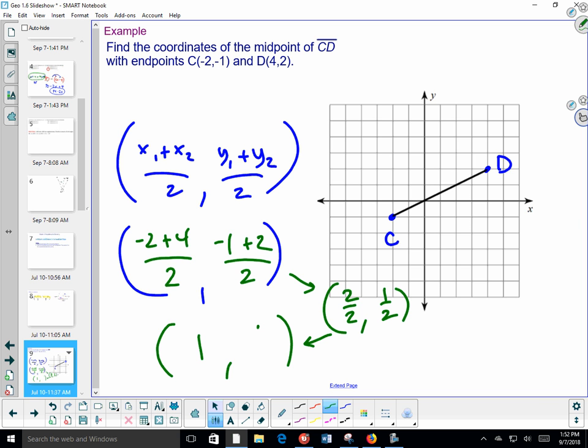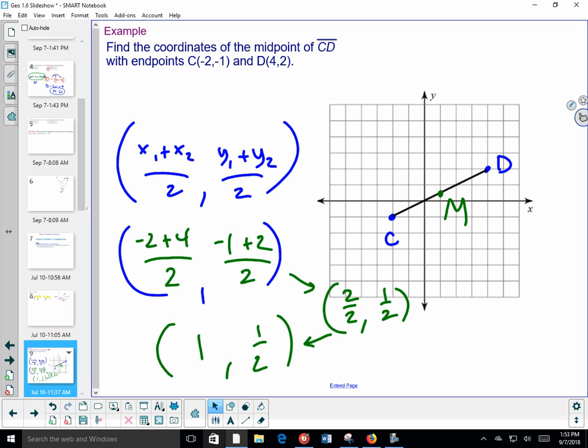Are we okay with 1, 1/2? 1, 1/2 would be this point right here. Does that make sense? Okay, so that's our midpoint. Now I can call it point M. What happens if we did 2 over 2? Do we have to simplify it? If you did 2 over 2, you want to simplify it to 1.